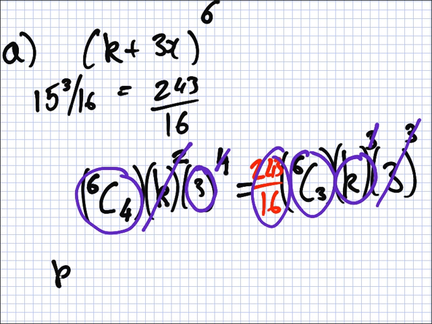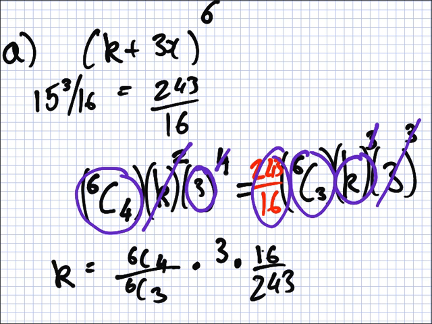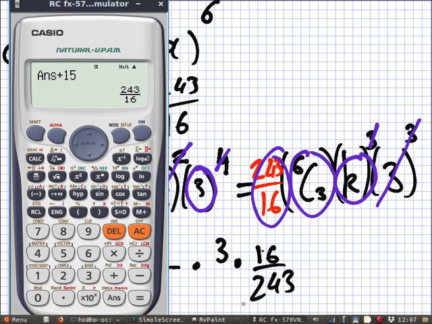So k is 6C4 over 6C3 times, now don't forget about the 3 there, 3 times 16 over 243. Now 3 goes into 243 if you want, but I'll just type the whole thing in.